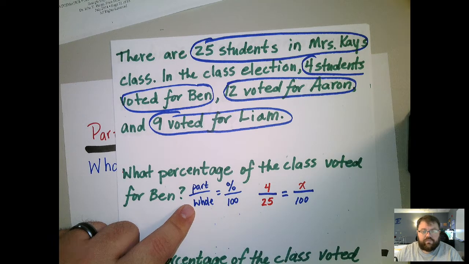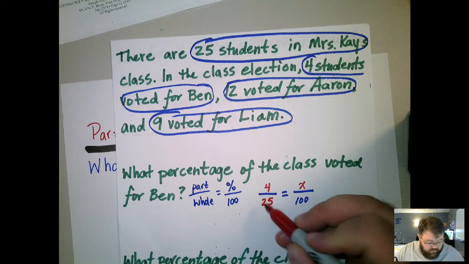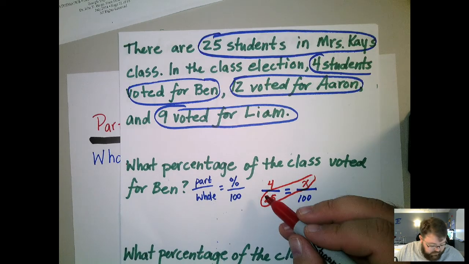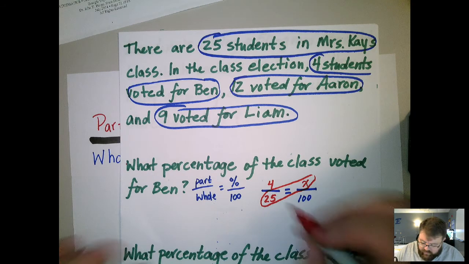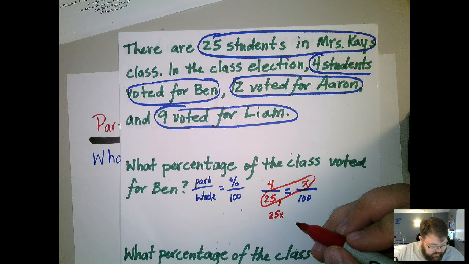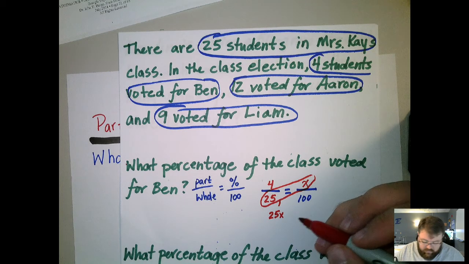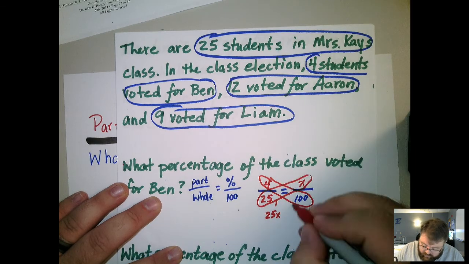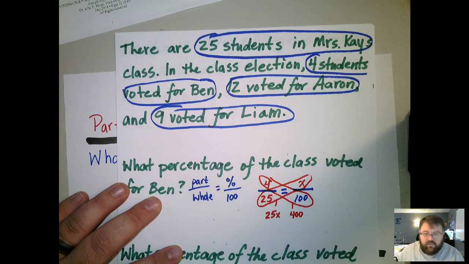Okay. Next, I'm going to do 25 times x, and that's going to be 25x. And then I'm going to do 4 times 100, which is 400.